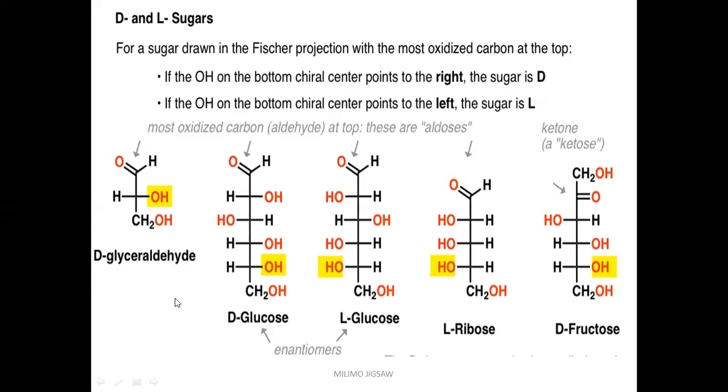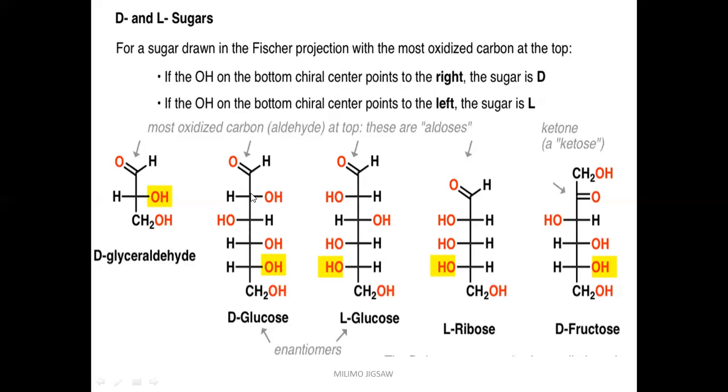So using this molecule as a convention for the designation of other monosaccharides, we are able to determine whether a sugar is D or L. Remember I talked about the chiral or asymmetric carbons.